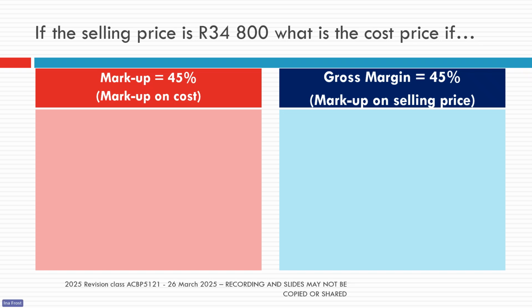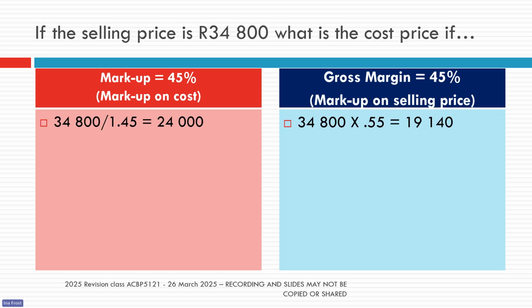Okay, so let's see quickly if we can just demonstrate it one more time. Our selling price is 34,800. What will now be the cost price? If I use the markup of 45% on cost, then the cost price of the item is 24,000.